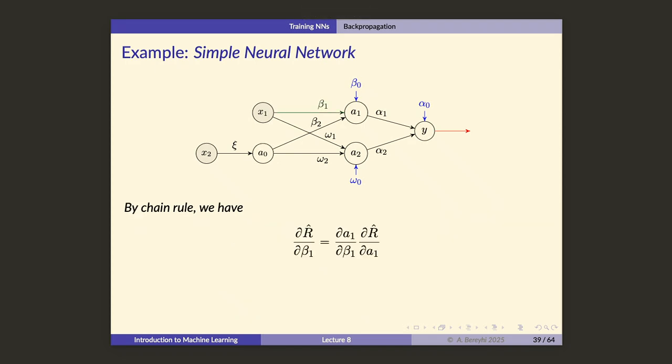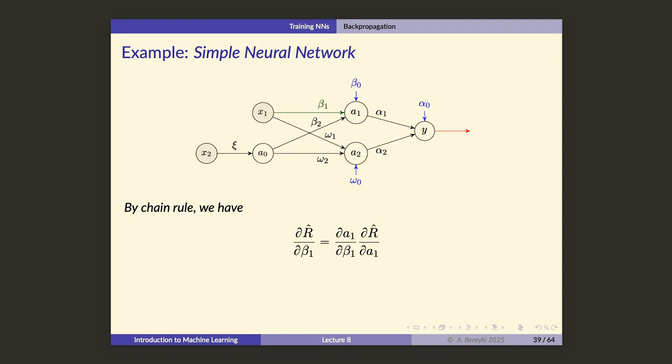What about the second expression, the derivative of r hat with respect to A1? And r hat is computed somewhere at the output of the neural network. How can I do it? Any idea? I'm going to again use chain rule. If I want to end up with the risk, where should I go from A1?